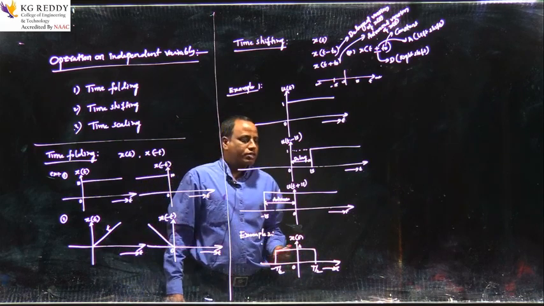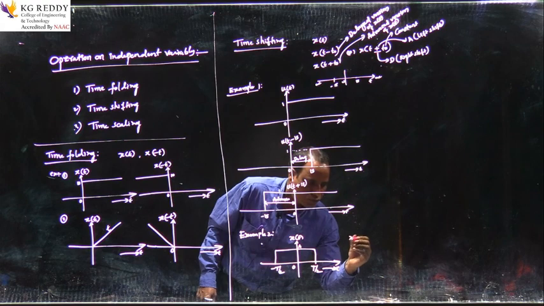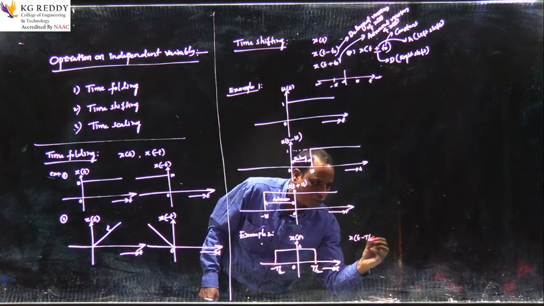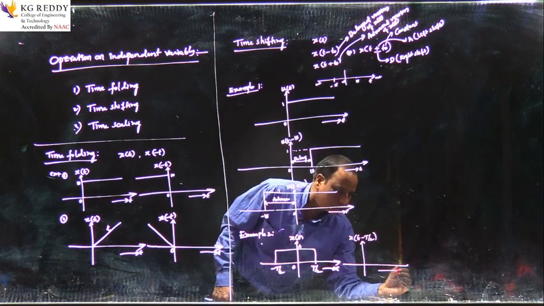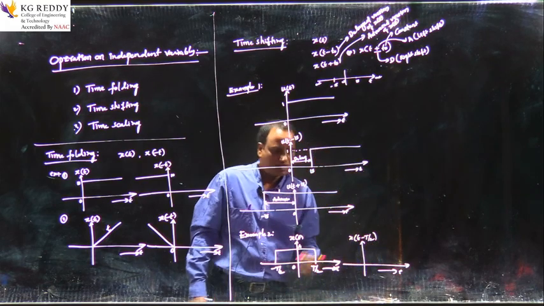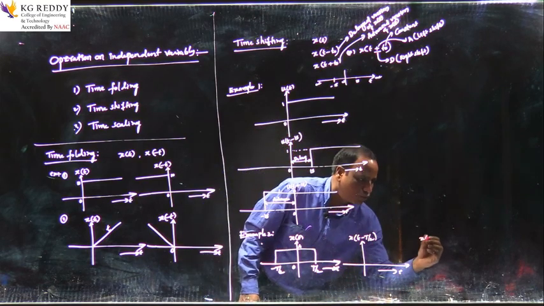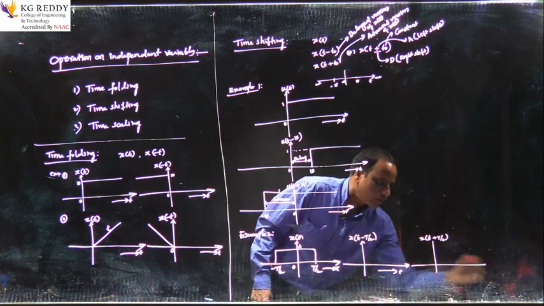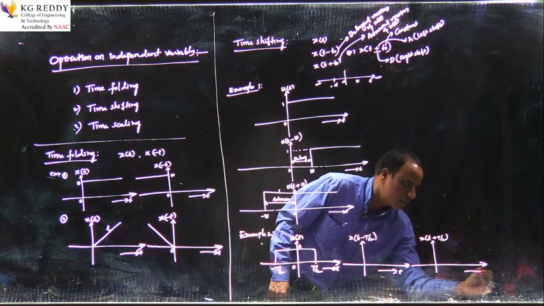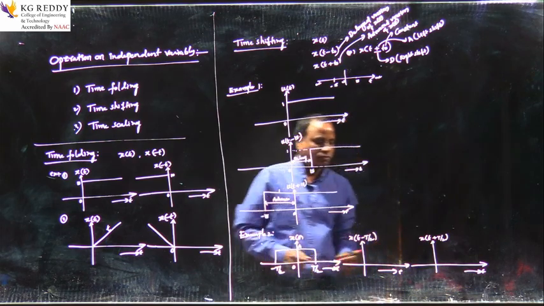Now can you sketch x of t minus t by 2 for this? And similarly, x of t plus t by 2 for this. I want these two versions.